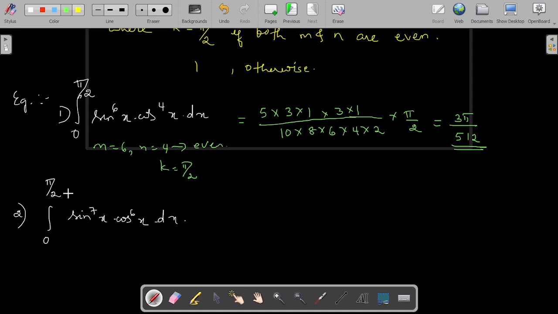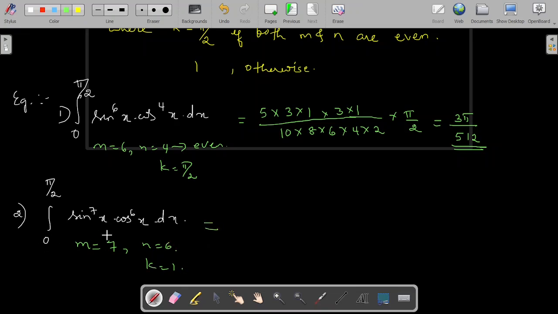Similarly, one more: integral from 0 to pi by 2 sin power 7x into cos power 6x into dx. Here m equal to 7, n equal to 6. Therefore, k equal to 1. If both are even, then only k is pi by 2. In all other cases, k is equal to 1.